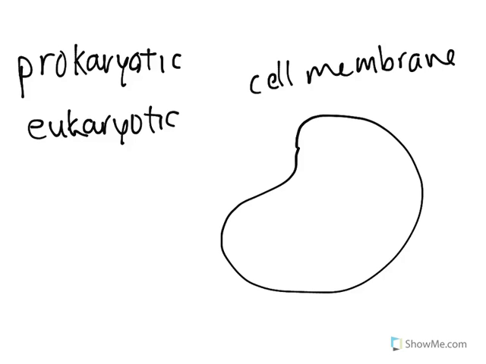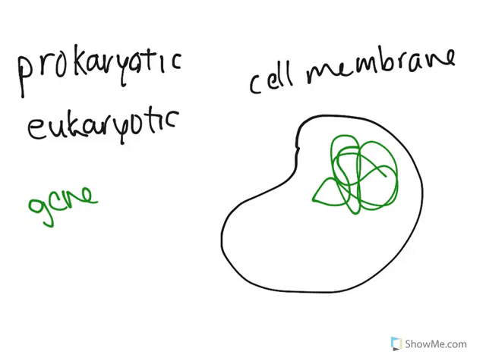The next thing we'll talk about is the genetic material. So all cells also have genetic material that can be DNA, RNA, circular, or linear. So there's a lot of different variation, but no matter what, they need to have genetic material.